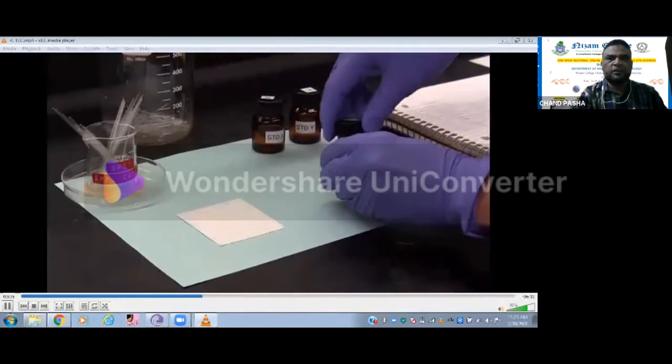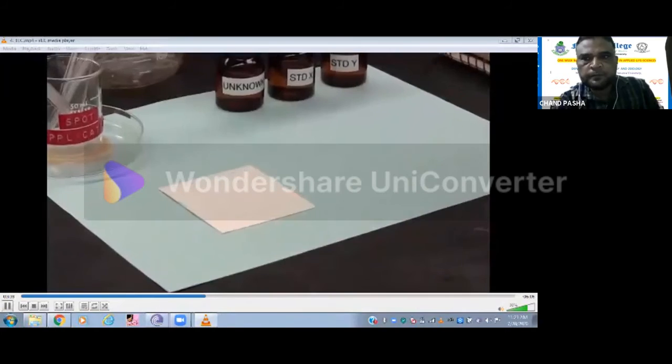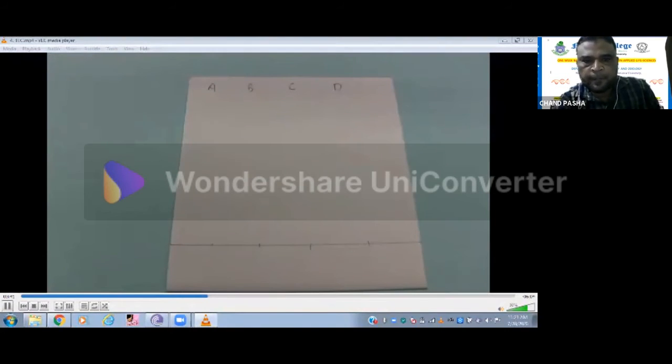Capillaries are the same as what we use for clotting time, blotting time, CTBT. In the third, both are applied, and the fourth is the unknown in this case.